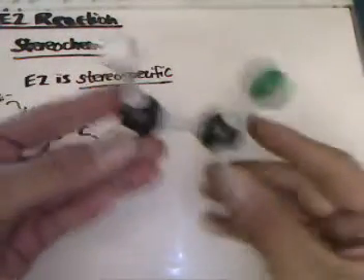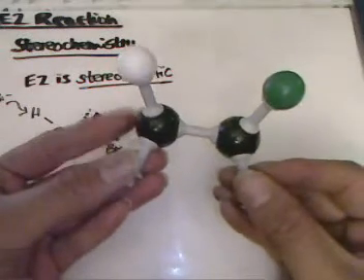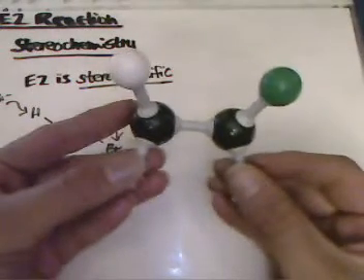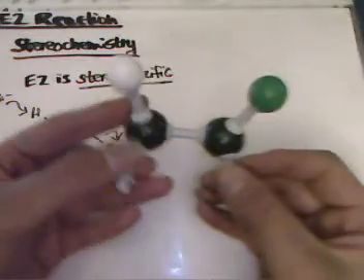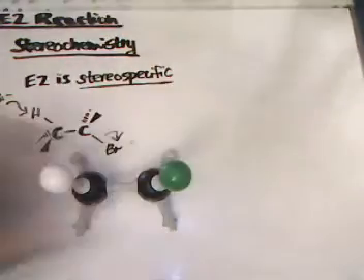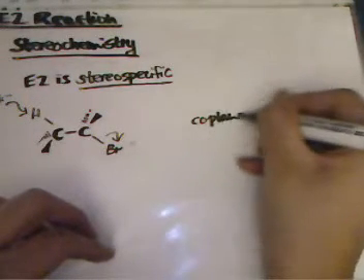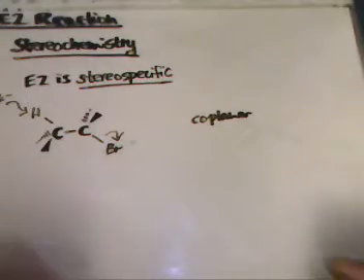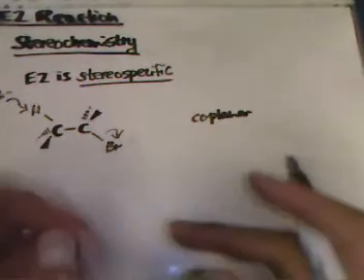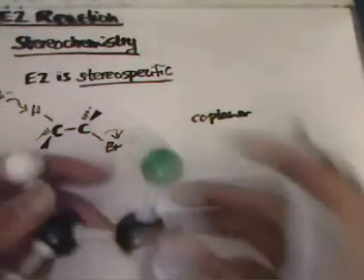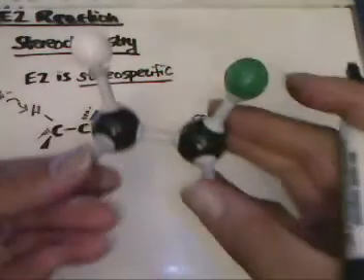This is one way for these two atoms to be in the same plane, and this is syn coplanar. By saying coplanar, we want these two atoms to be in the same plane, and there's two ways for them to be in the same plane.